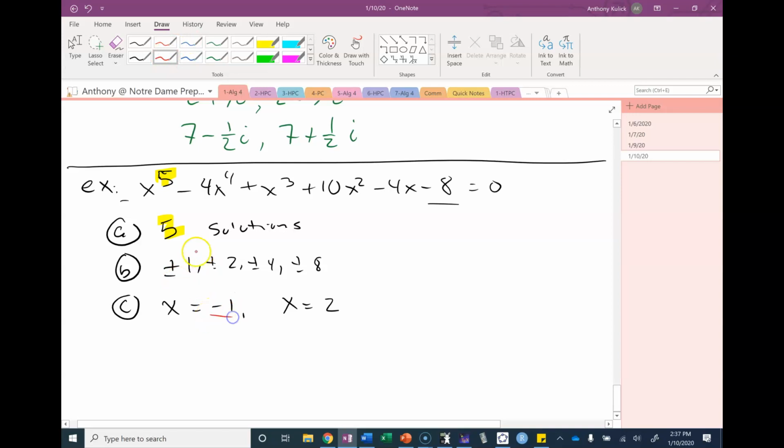So what I notice, negative 1 is on my list and positive 2 is on my list. So likely I have no irrational solutions, right? I only see two x-intercepts. They're both on my list. Shouldn't be any irrational solutions.